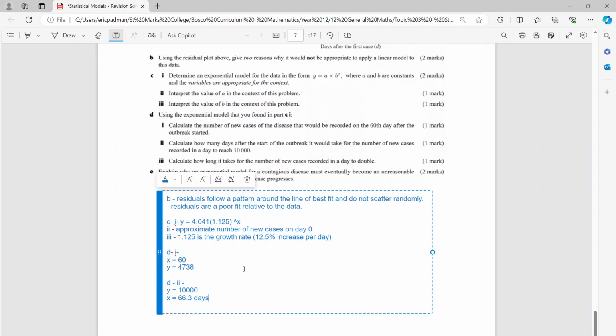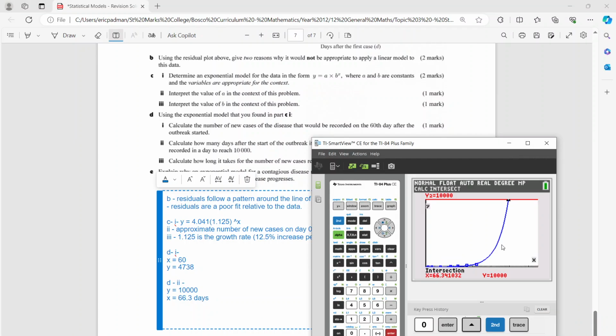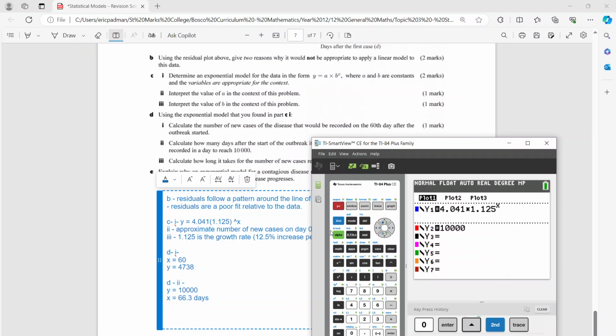Calculate how long it takes for it to double. A couple of ways you can go about doing this. Since I've already got 10,000, what if I went and found 5,000?